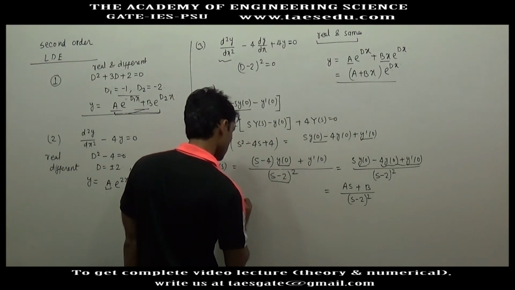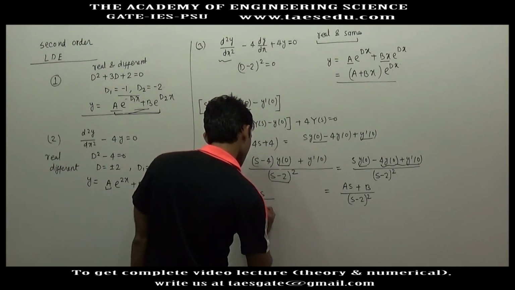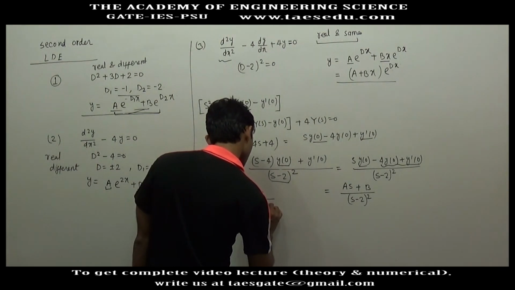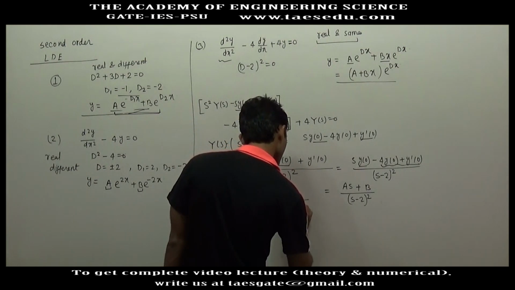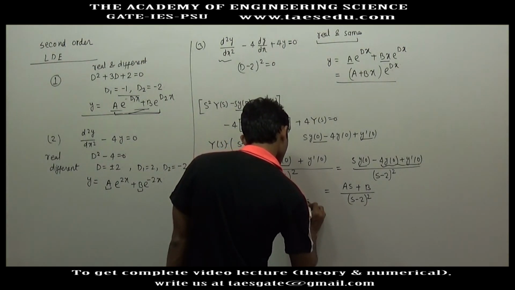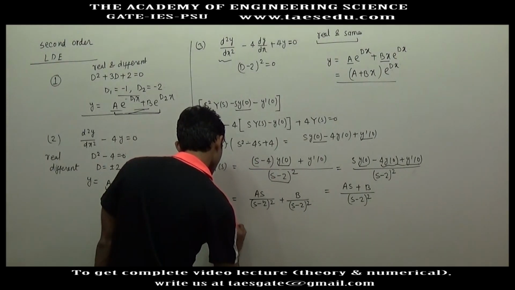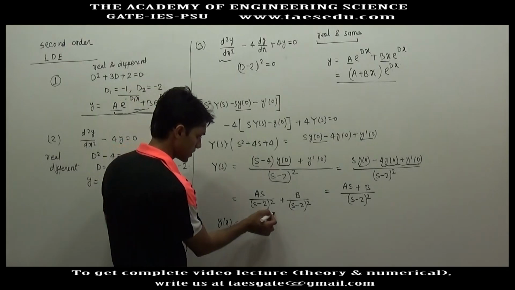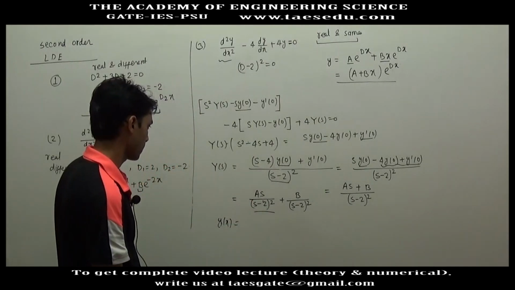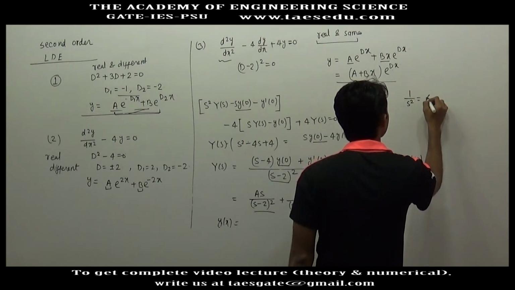So this will be a s divided by (s minus 2) whole square plus b divided by (s minus 2) whole square. So what will be y(x)? This will be the inverse Laplace. Inverse Laplace of 1 upon s square is t.